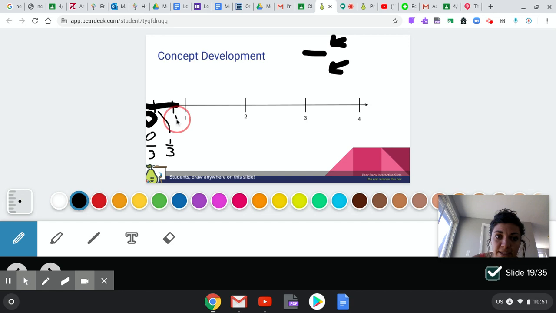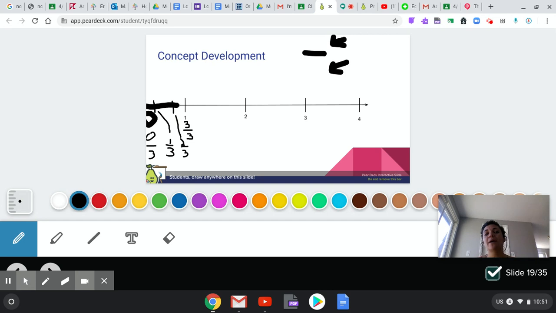This one would be 2 thirds. And then my 1 whole would be the same thing as 3 thirds. Now, because we did not start with 0 to 1 on this concept development, you were just starting with 1 whole right here, then you would be starting with 3 thirds instead of 0 thirds or 1 third or 2 thirds.